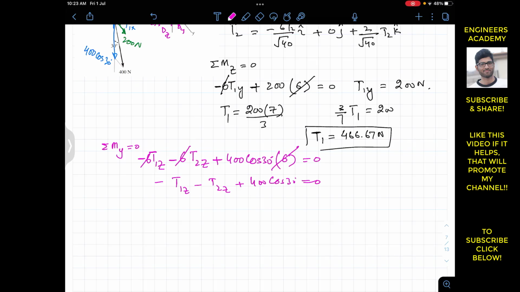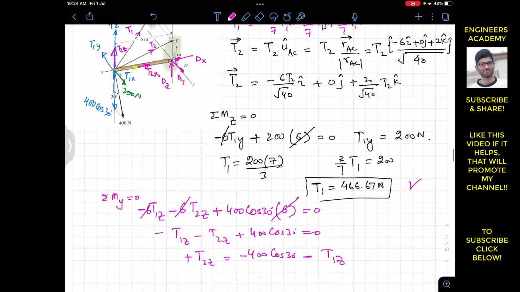So if we want to find T2, we know T1, so we can write that minus T2z is equal to 400 cos of 30 plus T1z. And if I multiply both sides of the equation by minus, this will become plus, this will become minus, and this will become minus. So we will have the equation like this.